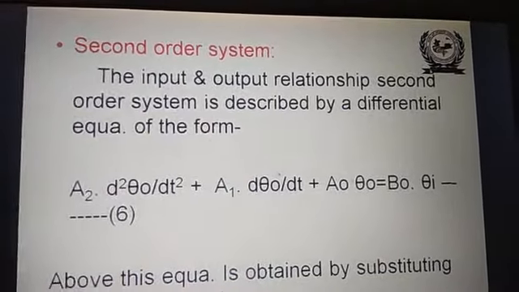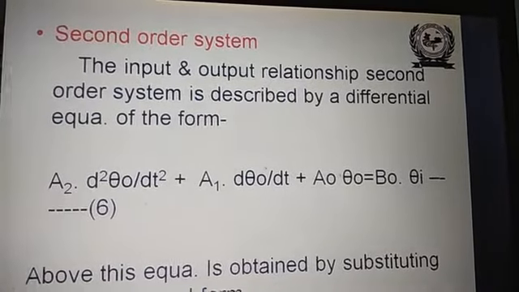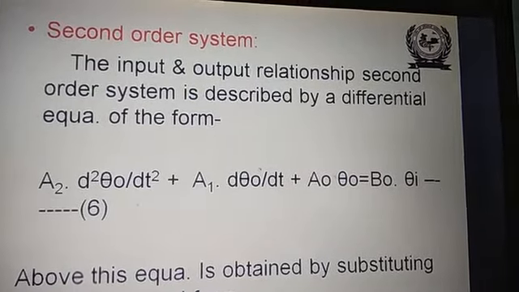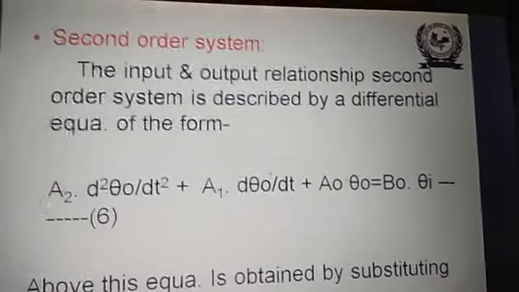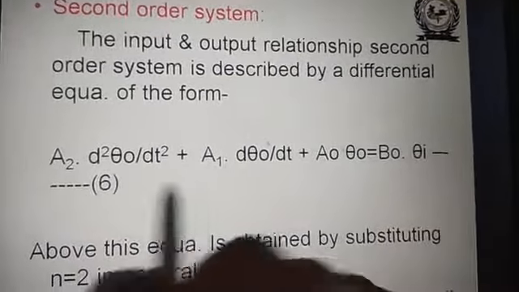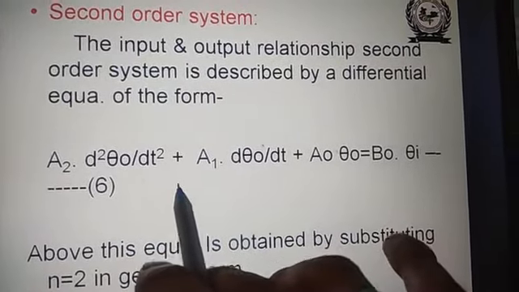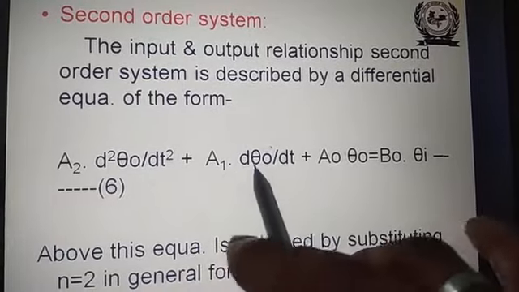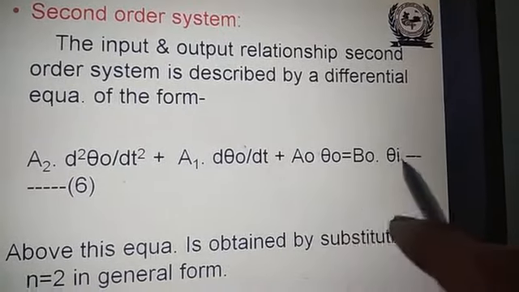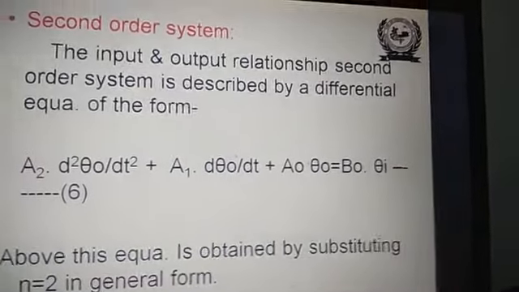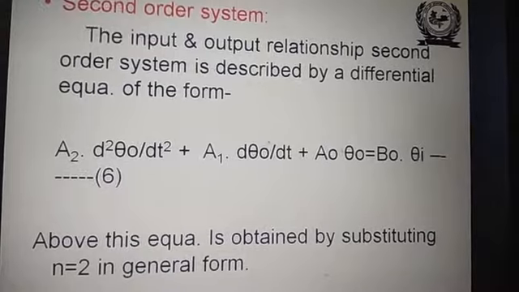Now the second order system. The input and output relationship of a second order system is described by a differential equation of the form a2 d2 theta naught by dt square plus a1 d theta naught by dt plus a naught theta naught is equal to b naught theta I, where theta I is the input and theta naught is the output.